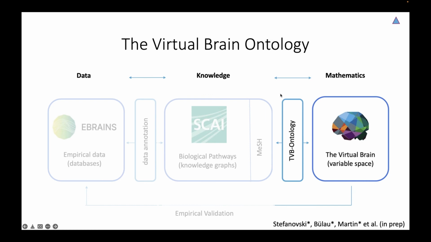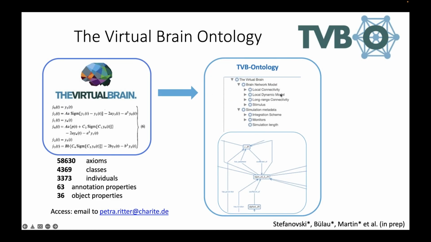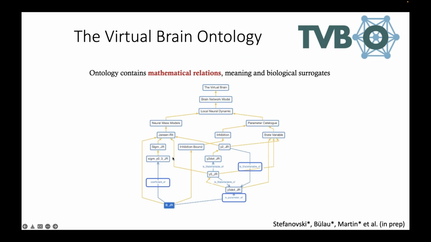Therefore, I just want to shortly touch on it: this is an ontology that describes the mathematics of the neural mass models in The Virtual Brain and the relationship between the parameters, and also the comparability between the models. So it consists of axioms and classes and so on. And it looks like, for example, this, you can have a look at a particular parameter and see that it is the coefficient of another parameter.